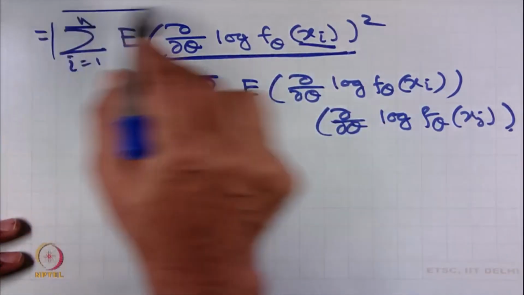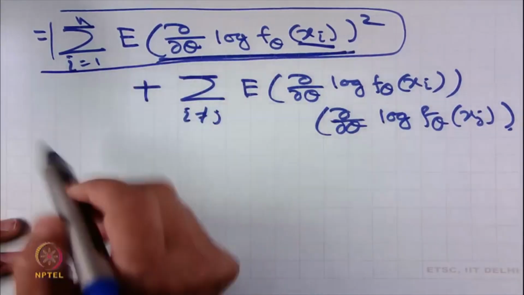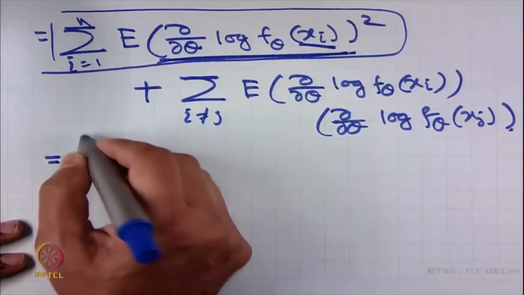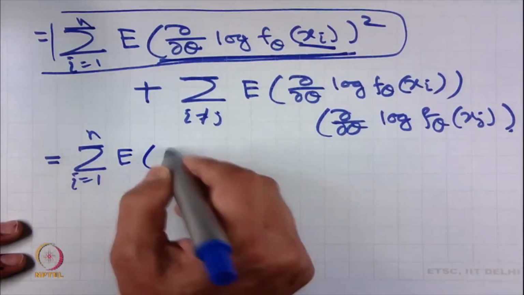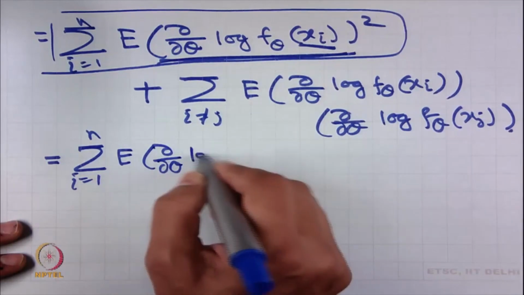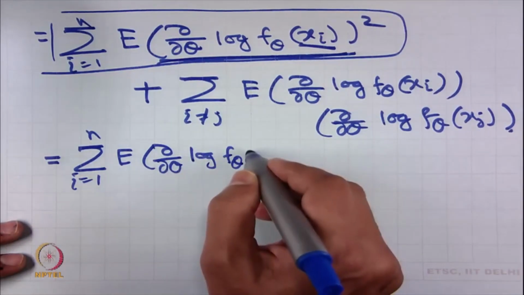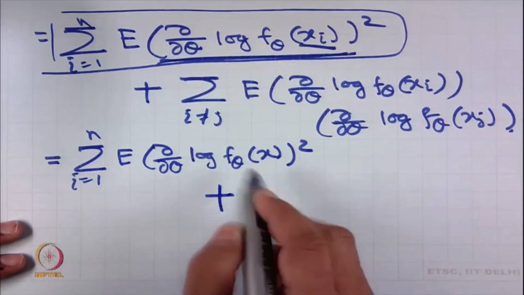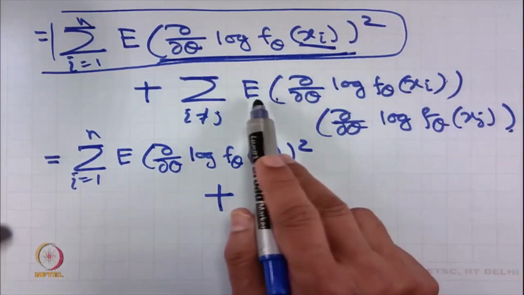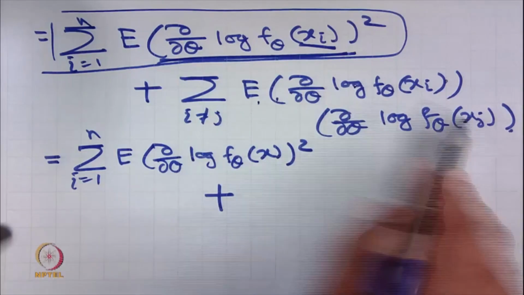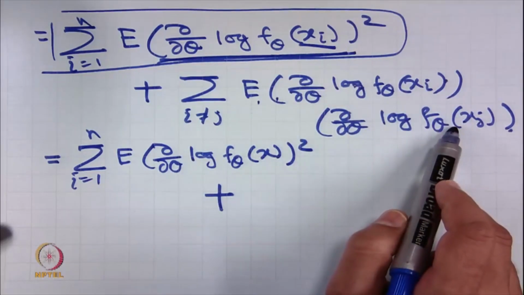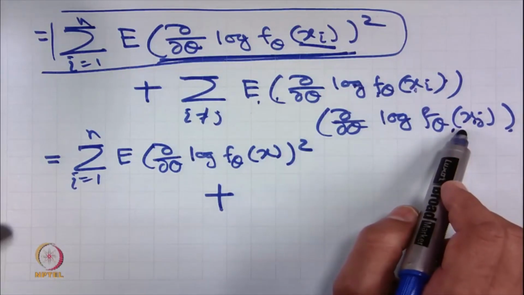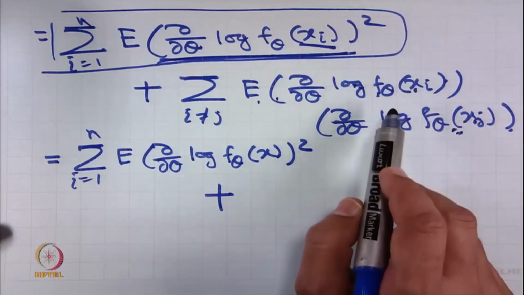Therefore, this particular term boils down to sigma i equal to 1 to n expected value of del theta of log of f theta of x whole square plus, let us consider this part, it is expected value of the product of two terms, one is based on xi, other is based on xj, and xi and xj are independent.